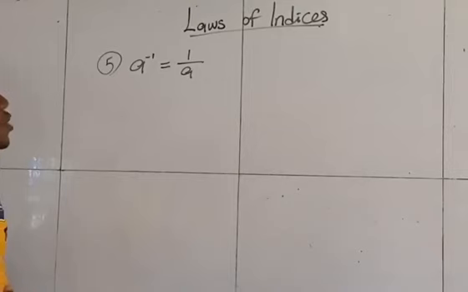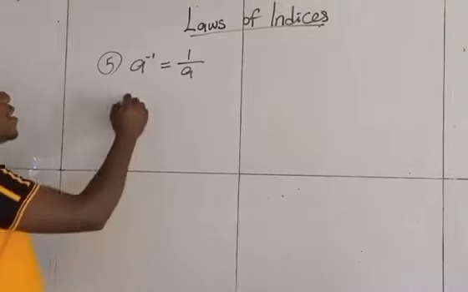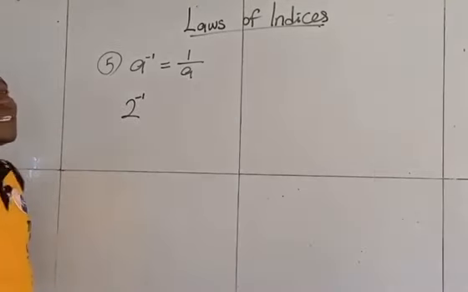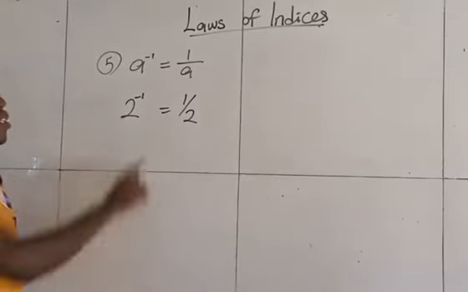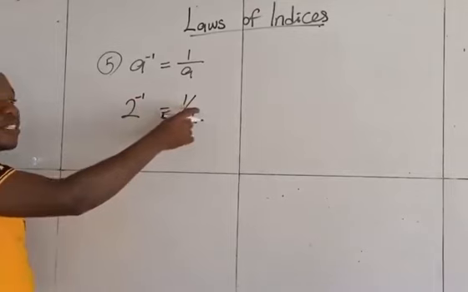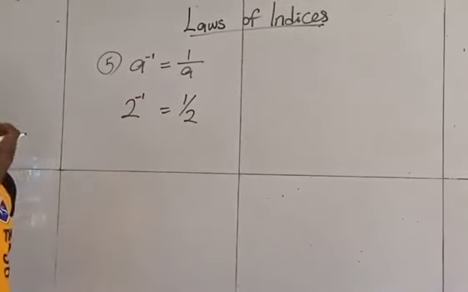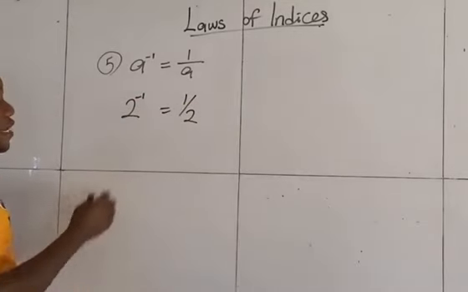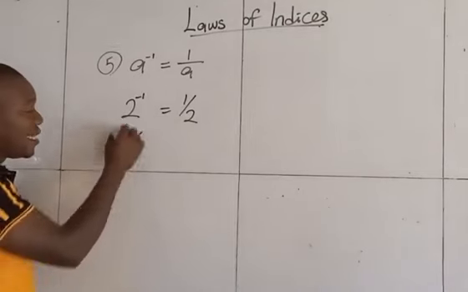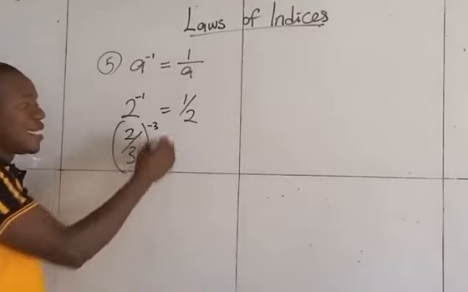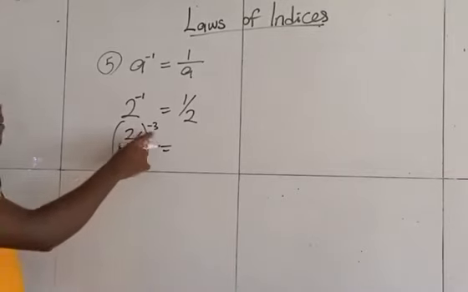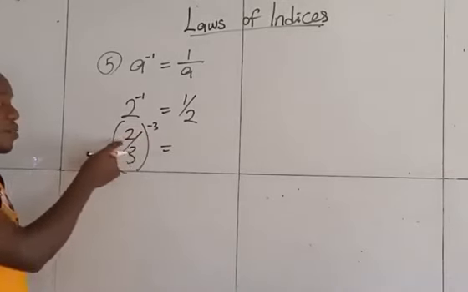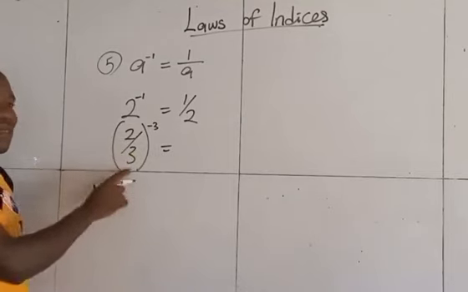A simple illustration of this law: if I have 2 raised to the power minus 1, it's the same thing as 1 over 2. I will change the power from negative to positive, but I will turn 2 upside down. Another illustration, if I have 2 over 3 raised to the power minus 3, negative power of indices, I'm going to change this power to positive, but I will turn this quantity upside down, reciprocal.